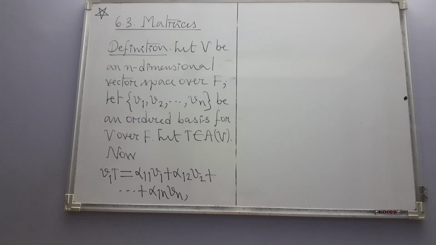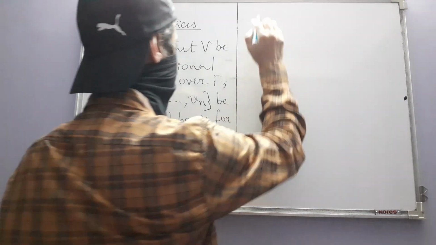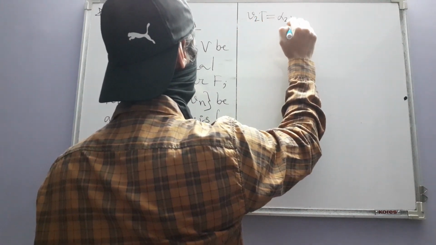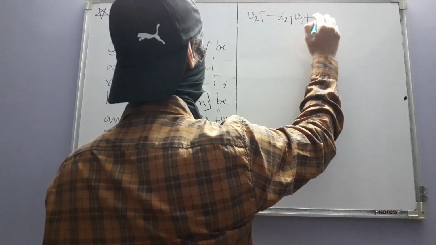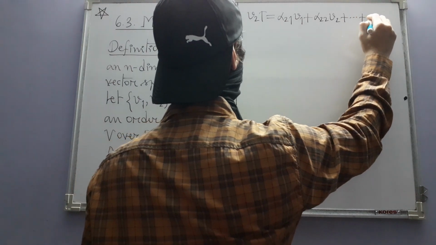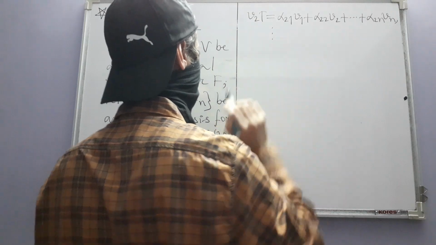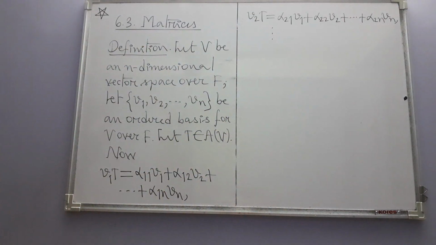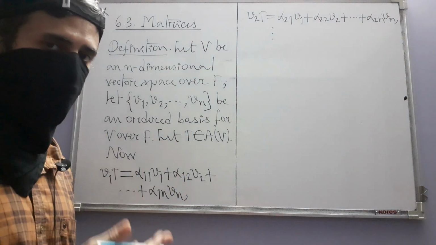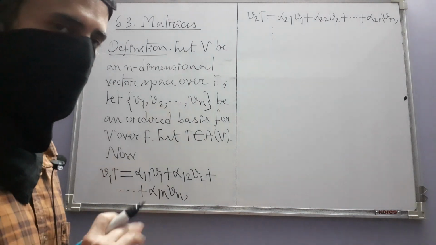Similarly, we can write V2t also as a linear combination of these basis vectors. So that linear combination is this: alpha 21 V1 plus alpha 22 V2 and so on plus alpha 2n Vn. And we continue like this, writing every vector on which we have applied t, that image, as a linear combination of these basis vectors with appropriate scalars.